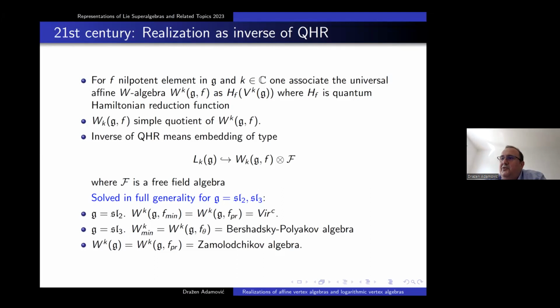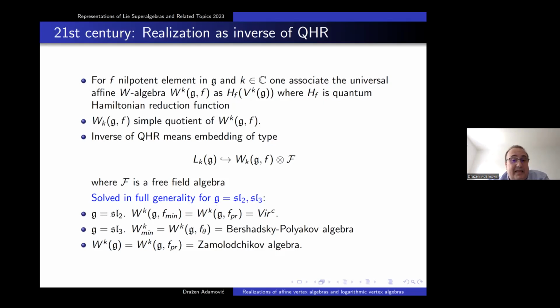We have the Virasoro algebra. There is only one choice: we have 2 by 2 matrices, a unique nilpotent element, and we do the reduction, and we get Virasoro. It is called the minimal reduction or principal reduction, and gives you Virasoro. So you have a functor from the affine SL2 vertex algebra to the Virasoro vertex algebra.